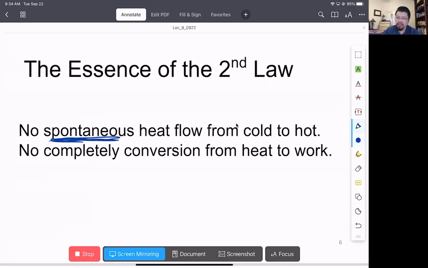But for the refrigerators, we have to use electricity. We have to use the engine to drive the cycle, but there's no spontaneous heat flow from cold to hot. And the other is there's no 100% complete conversion from heat to work.